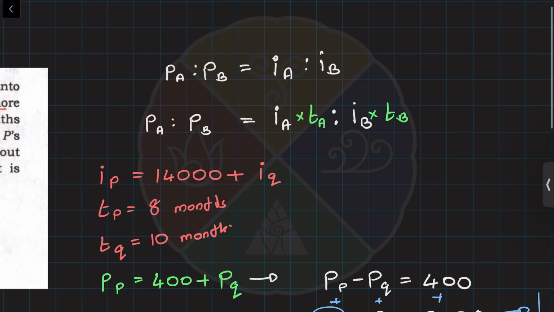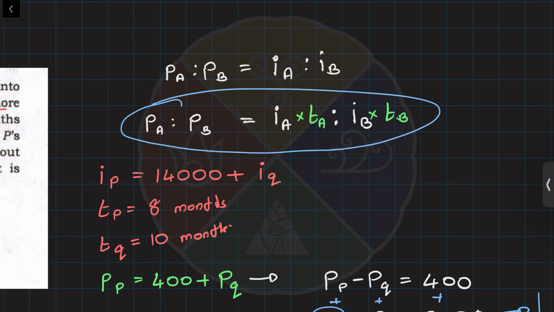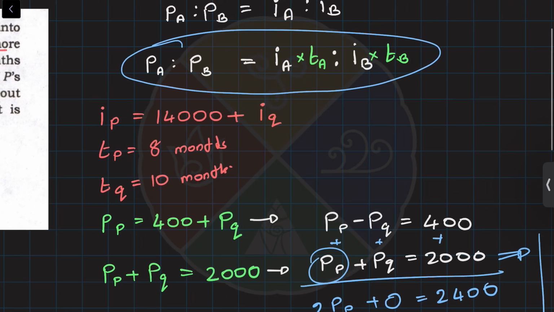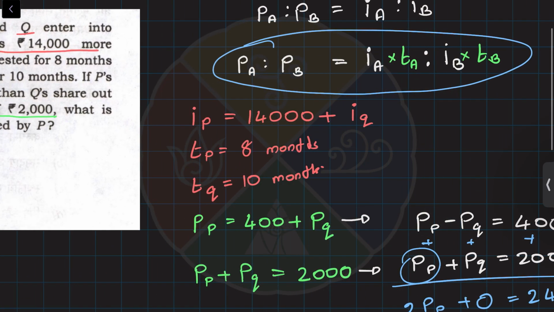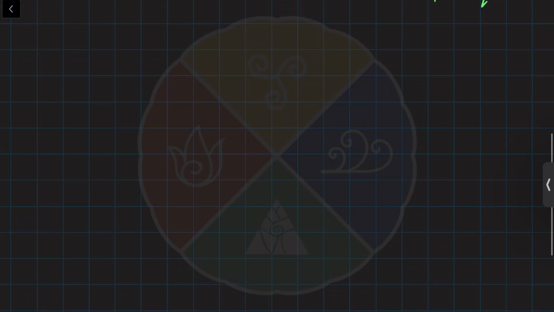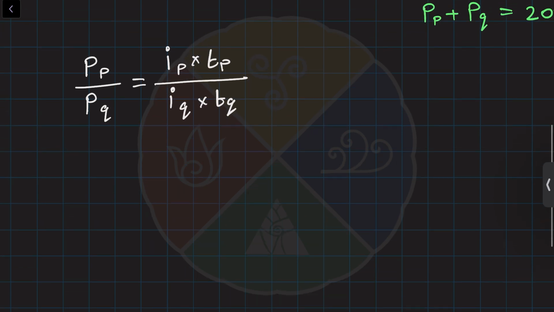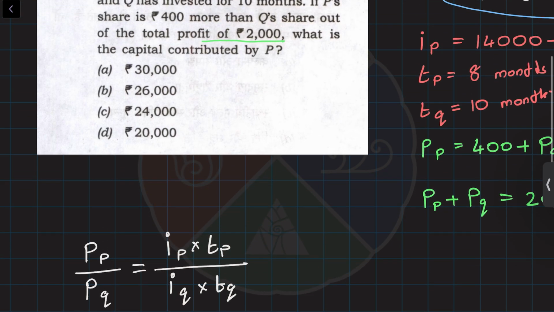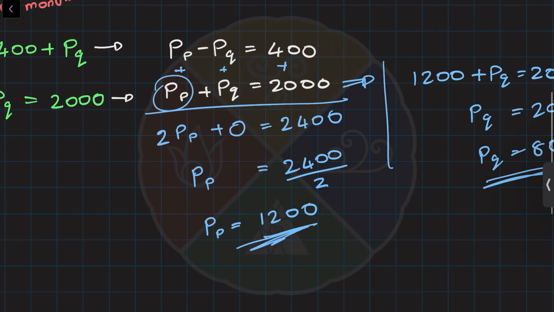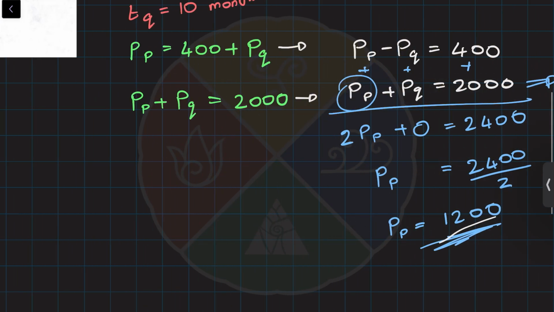I calculated this to make the formula. Since only 2 people are there, profit of P is to profit of Q is going to be investment of P into time of P by investment of Q into time of Q. We know the actual profits, profit of P and profit of Q, 1200 and 800.